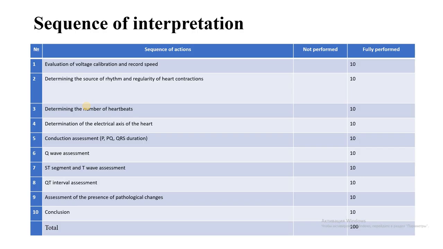Next one, determining the number of heartbeats. Determination of the electrical axis of the heart. Conduction assessment. Q-wave assessment, ST segment and T-wave assessment, QT interval assessment, presence of pathological changes, and last one is conclusion.